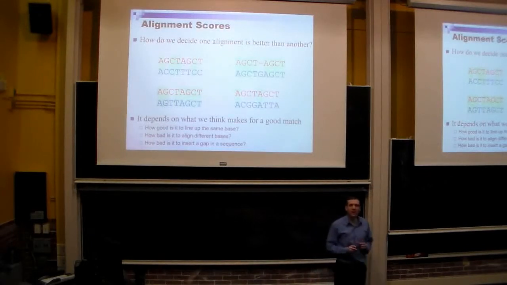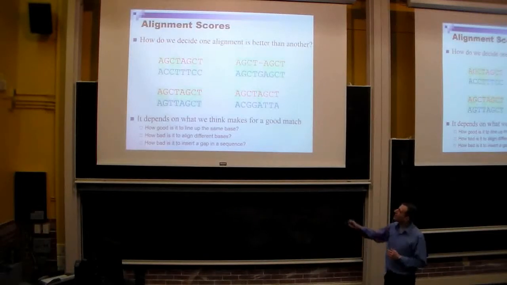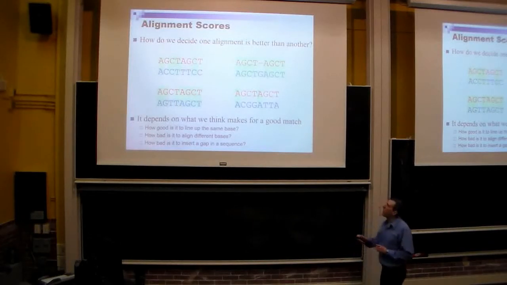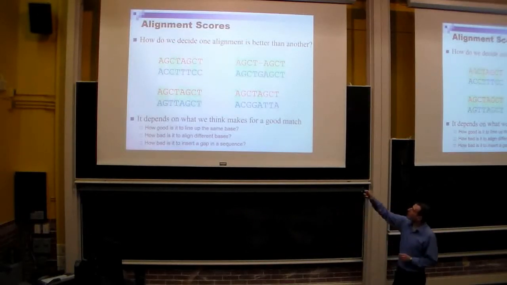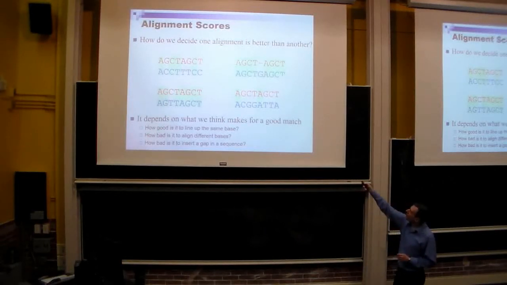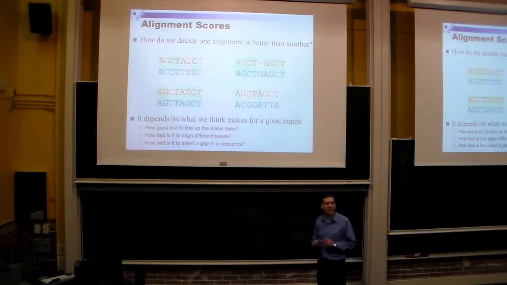And the way we have to do that is by thinking about how good we think it is to have 2 bases match, or how bad do we think it is to have bases mismatch. How bad is a mismatch relative to a gap? So that would allow us to make judgments like figuring out, is this alignment better or worse than this alignment? Is it better to introduce a gap and get 1 more base of alignment, or is it better to have a mismatch and 1 fewer bases of alignment?